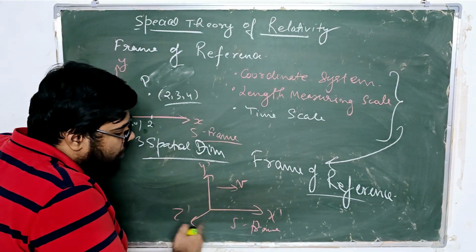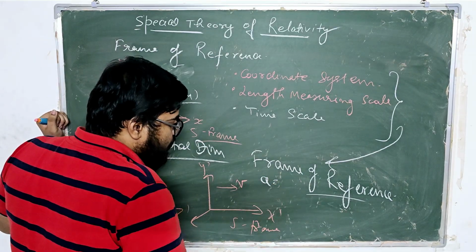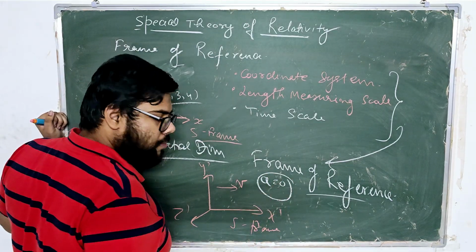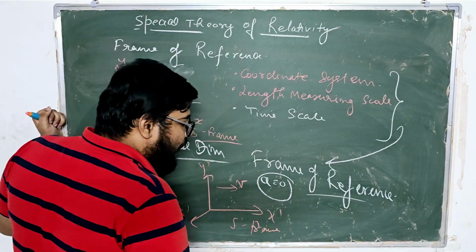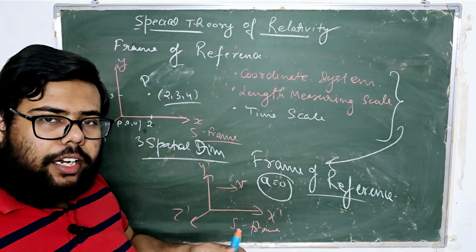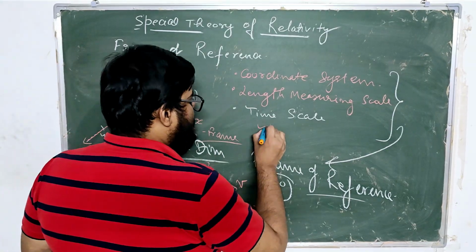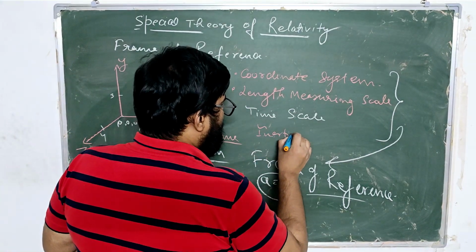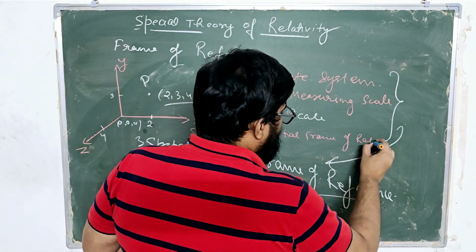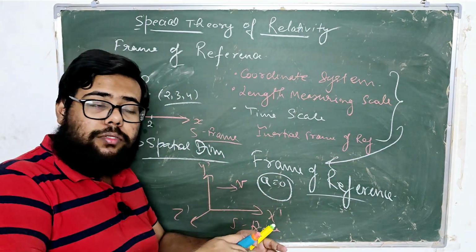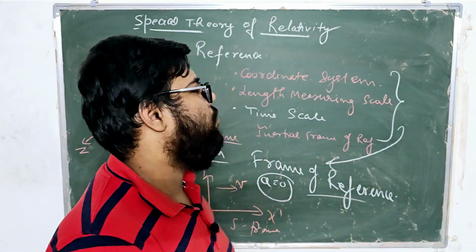And since it's moving at a constant velocity, it means that the acceleration is zero, right? The frames in which the acceleration is zero and force is zero, we say such frames are inertial frames of reference. And the frames which are accelerated are called non-inertial frames of reference.